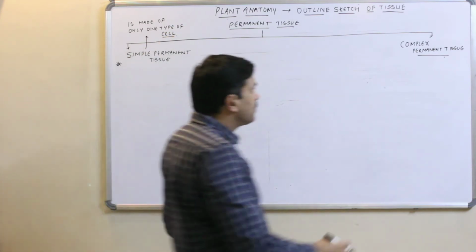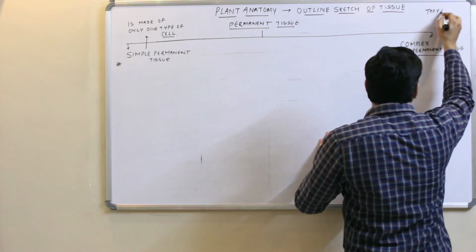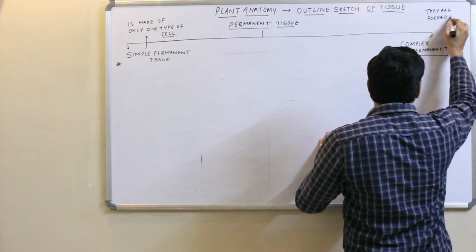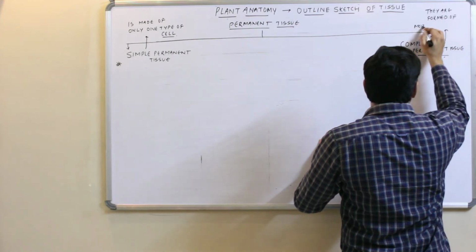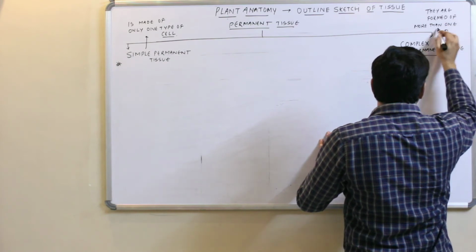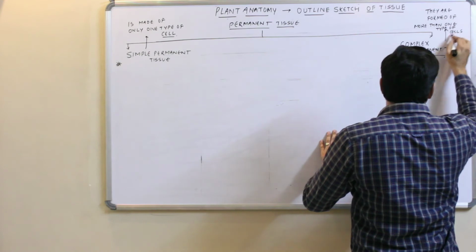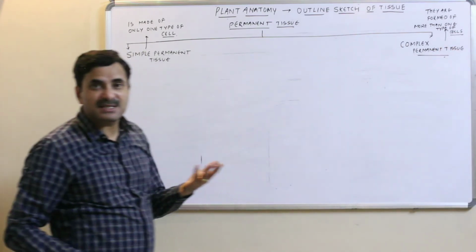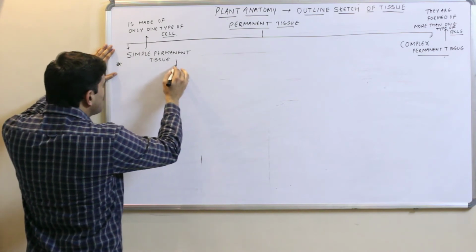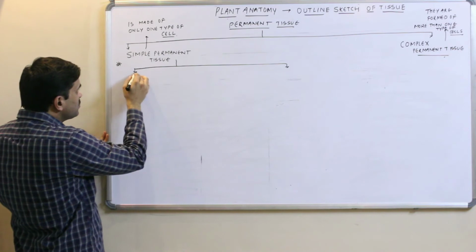And complex permanent tissue is called complex because it is formed of more than one type of cells. They are made up of more than one type of cells, hence called a complex permanent tissue. Now this simple permanent tissue is classified into three categories.